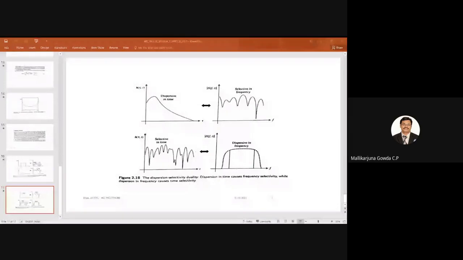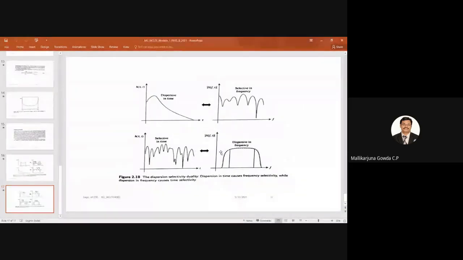Or if it is selective in time and dispersive in frequency, what is its impact on other parameters of the channel? Dispersion and selectivity are duals: if it is dispersive in time, it will be selective in frequency, and if it is selective in time, it will be dispersive in frequency. Yes, with this, let me stop this.